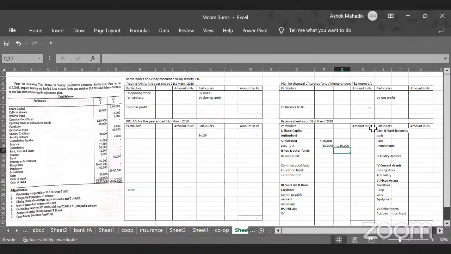Next, reserve fund will be part of your reserves and other funds. Every year we have to transfer some portion, that is 25% of our net profit, to reserve fund. So I have left one line for that adjustment. Reserve fund balance is 15,000.